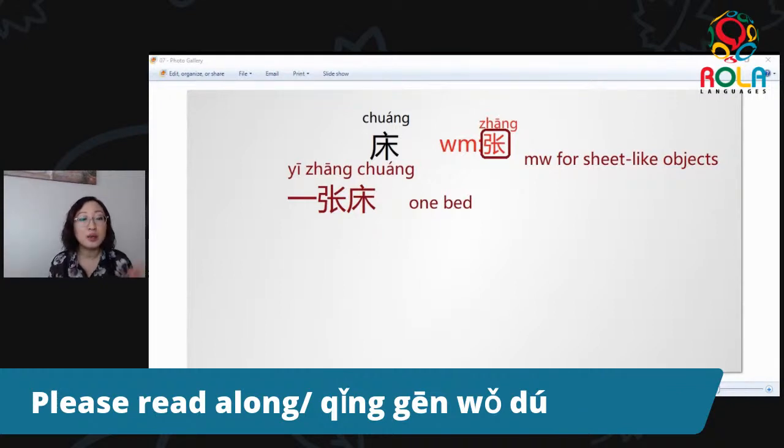Similarly, if we want to say one bed, we cannot just say 一床. That's not correct. Because in Mandarin, if you want to say how many quantities of something, you have to use your numeral word, and then measure word in the middle, and then your object. So instead of saying 一床, which is not correct, we have to say 一张床. Okay.